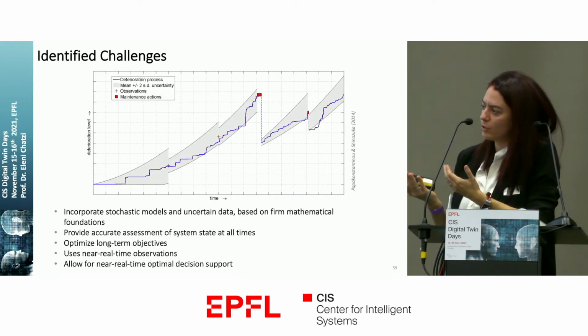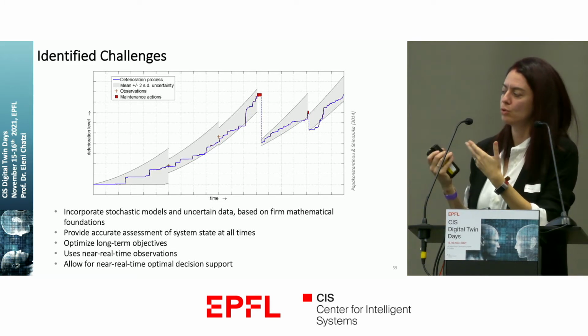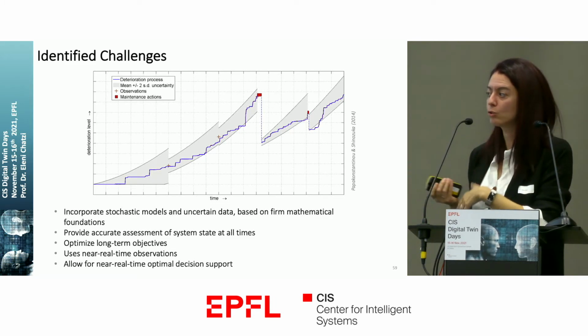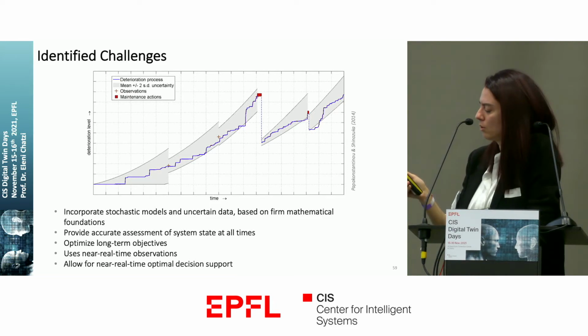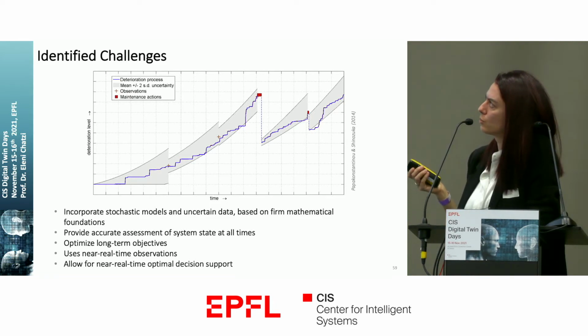And so what I would like to show you is the idea of how to use this continuous monitoring information to support this kind of approach where you want to take decisions on a structural system. So here is our deterioration process that is acting. And here is what you would get from monitoring. So every time you have an inspection, you get some sort of confidence of where your system stands.